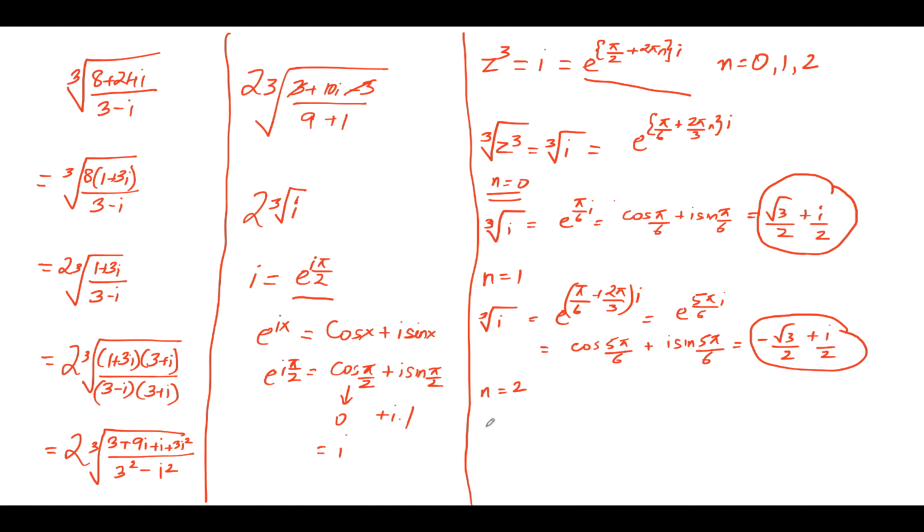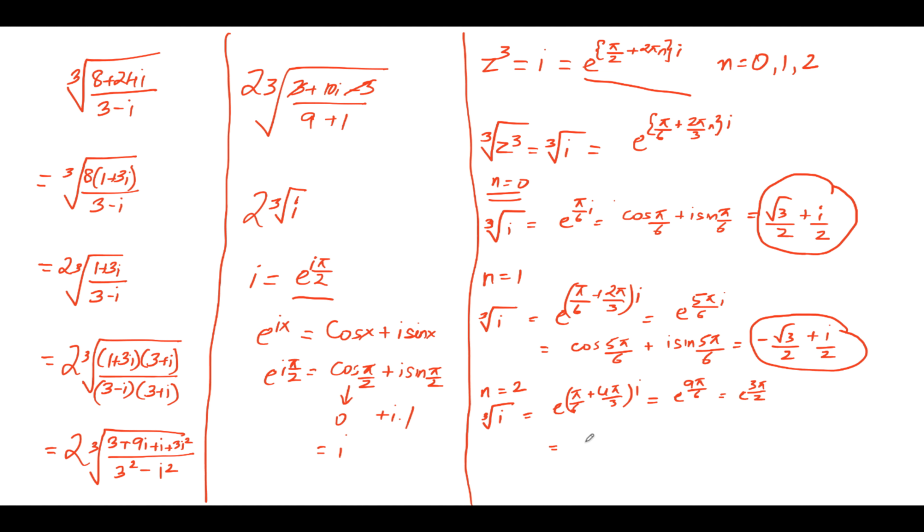And when n is equal to 2, the cube root of i works out to be e power (pi by 6 plus 4 pi by 3), the whole into i. When you multiply by 2, that becomes 8, so that becomes 9 pi by 6, which is nothing but e power 3 pi by 2 i, right?